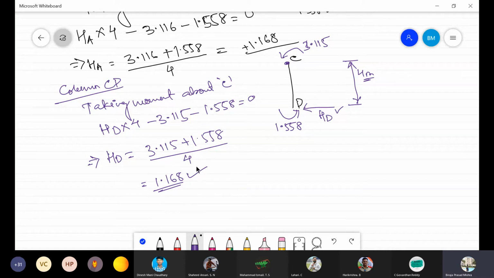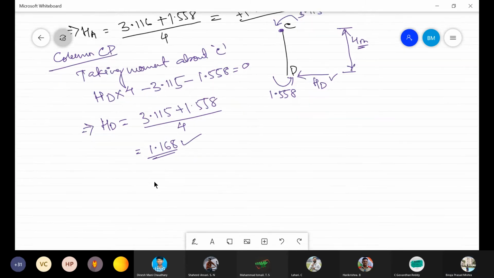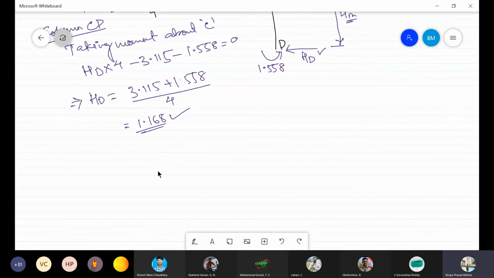Okay, now next is the free body diagram. We will draw the free body diagram, then we will go for the shear force diagram SFD and BMD.